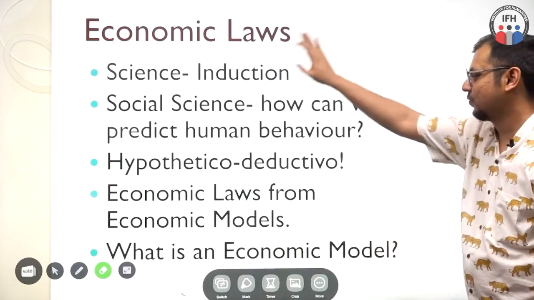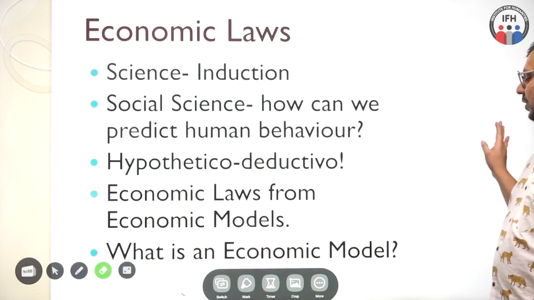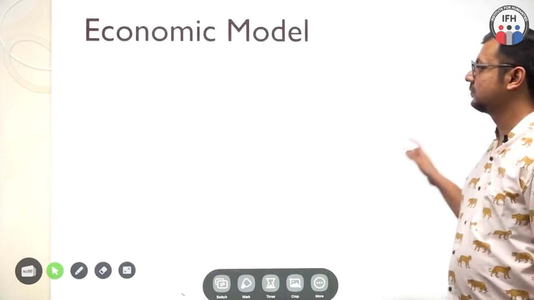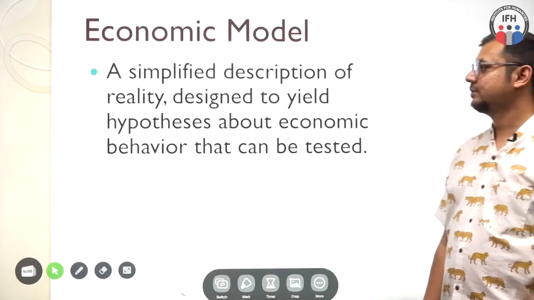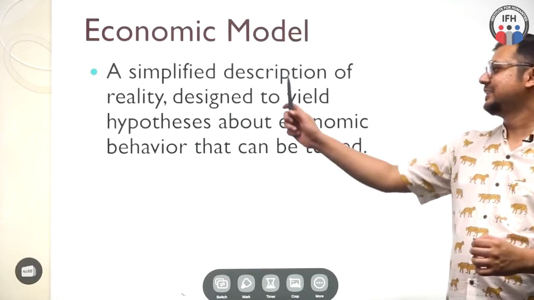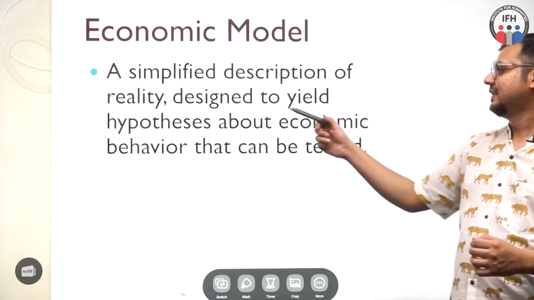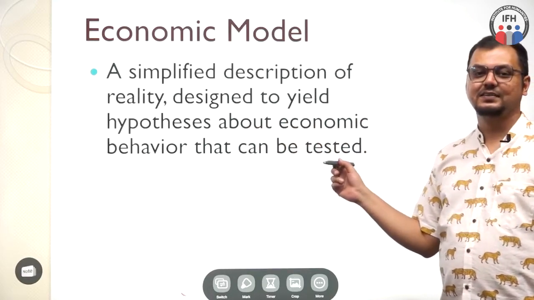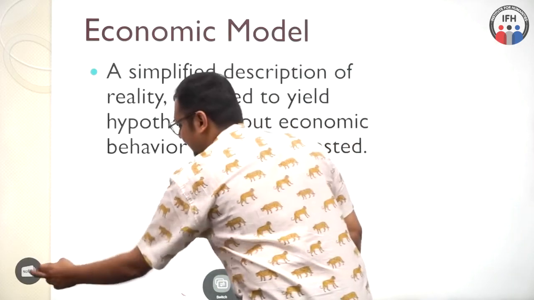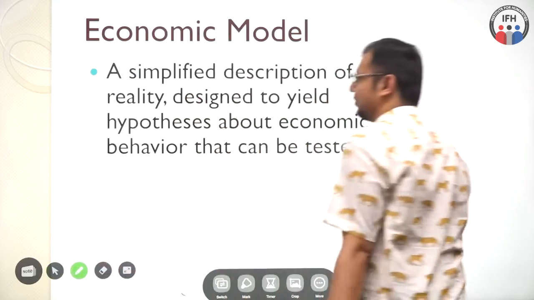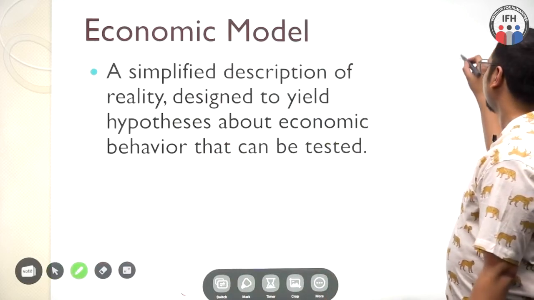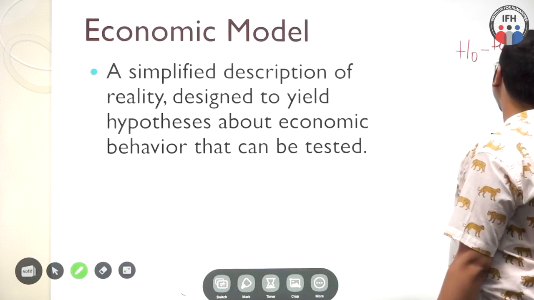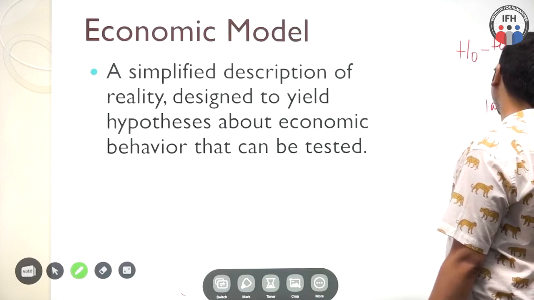So, with this sort of understanding, we come to the question of what is an economic model. An economic model, by definition, is a simplified description of reality designed to yield a hypothesis about economic behavior that can be tested. So like I said, in our hypothetico-deductive model, you have a hypothesis that then gets tested, and once it's true, it becomes an economic law or economic theory in a sense.